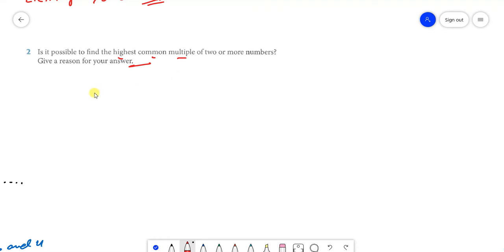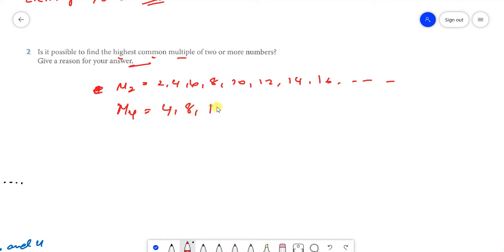Let's say we take the example M2: 2, 4, 6, 8, 10, 12, 14, 16, and so on. Similarly we take M4: 4, 8, 12, 16, 18, and so on.